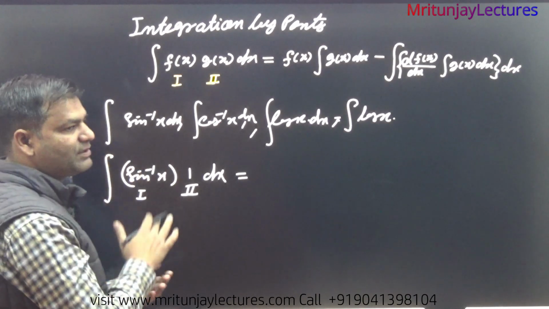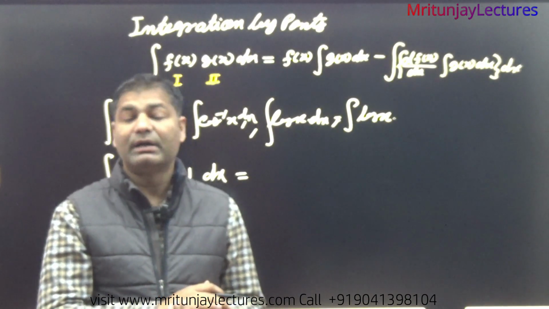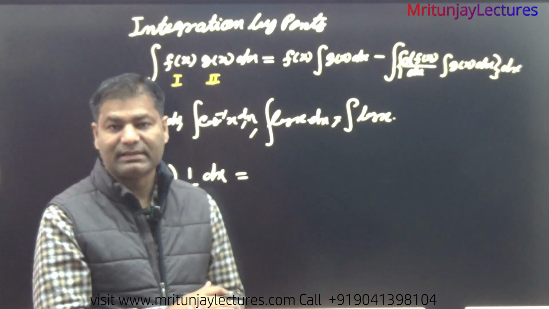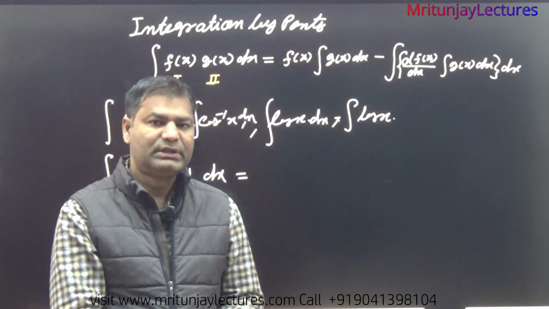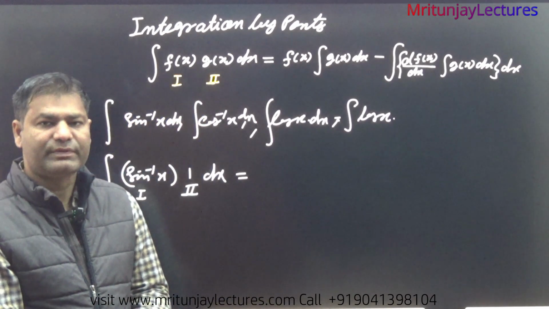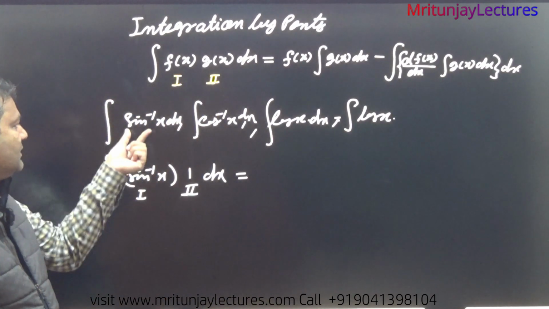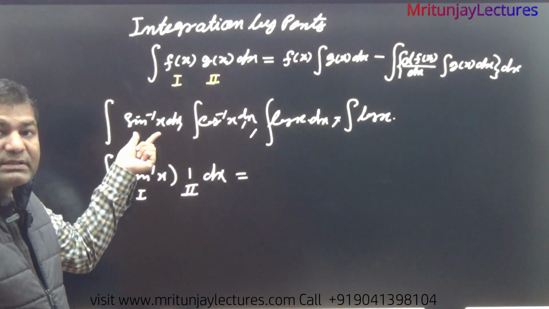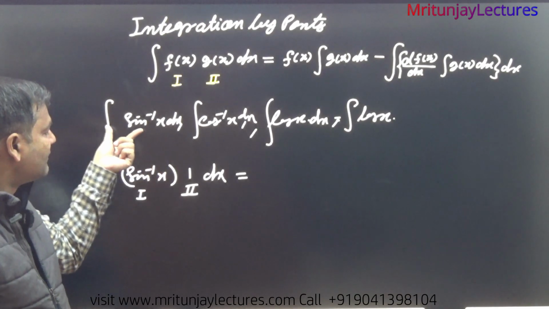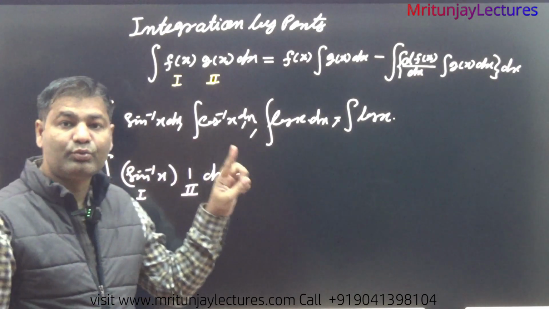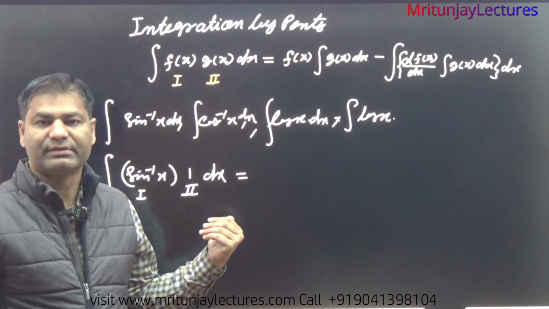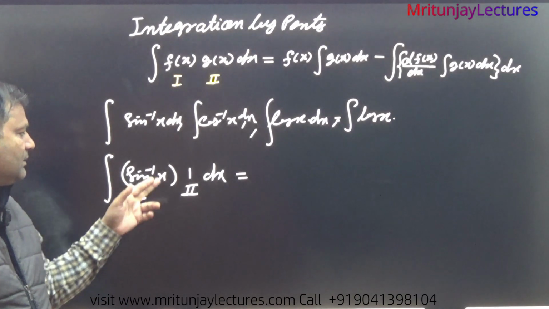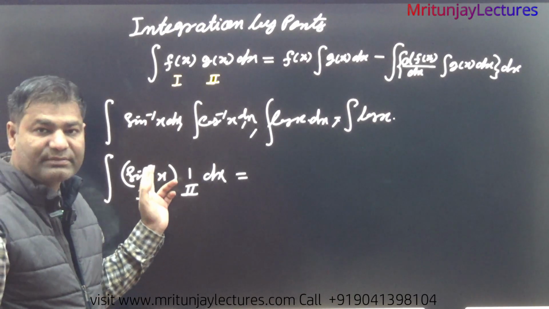If any trigonometric function or log of x is given, some difficult question also, then how can we solve? First of all, we take that one as the first function and 1 as the second function, then you can integrate. Okay, because you don't know the integration of that one.